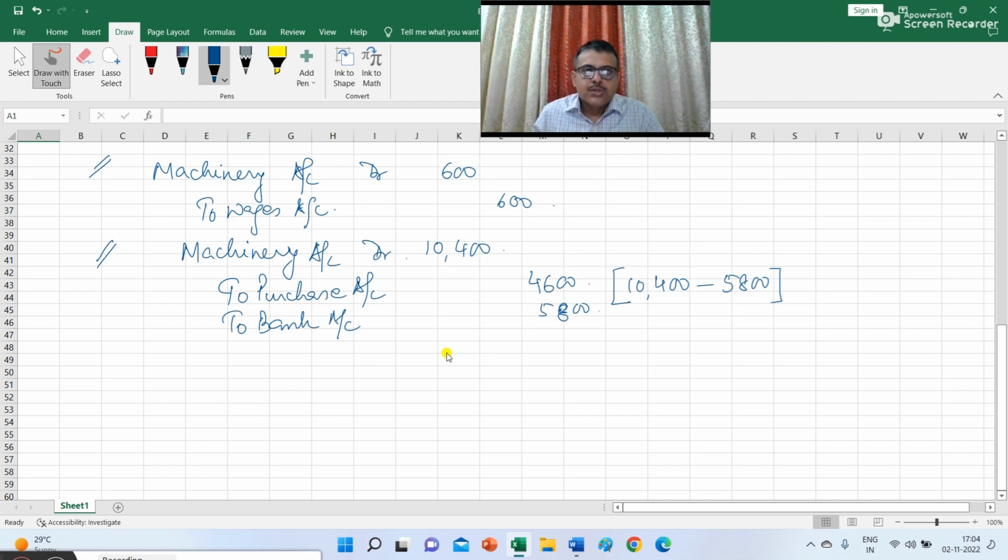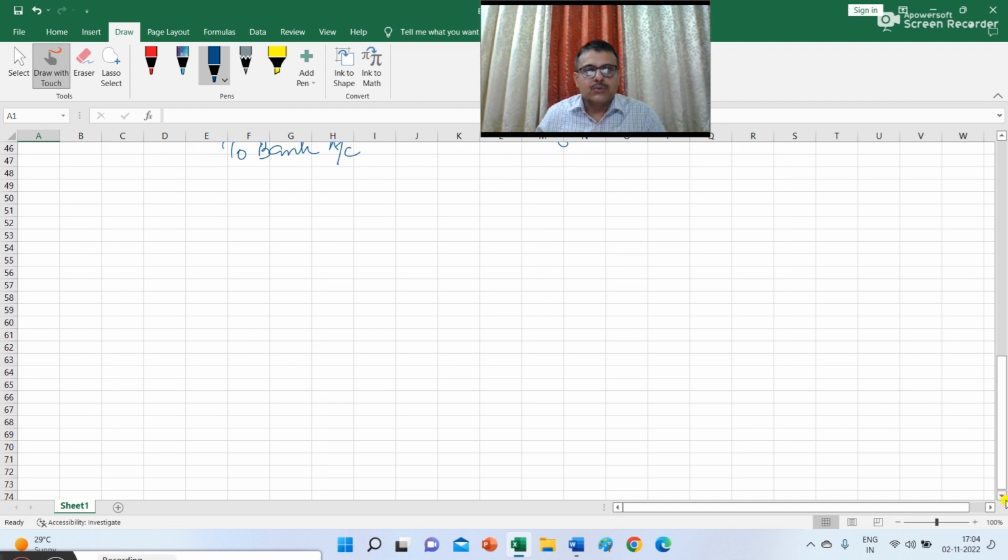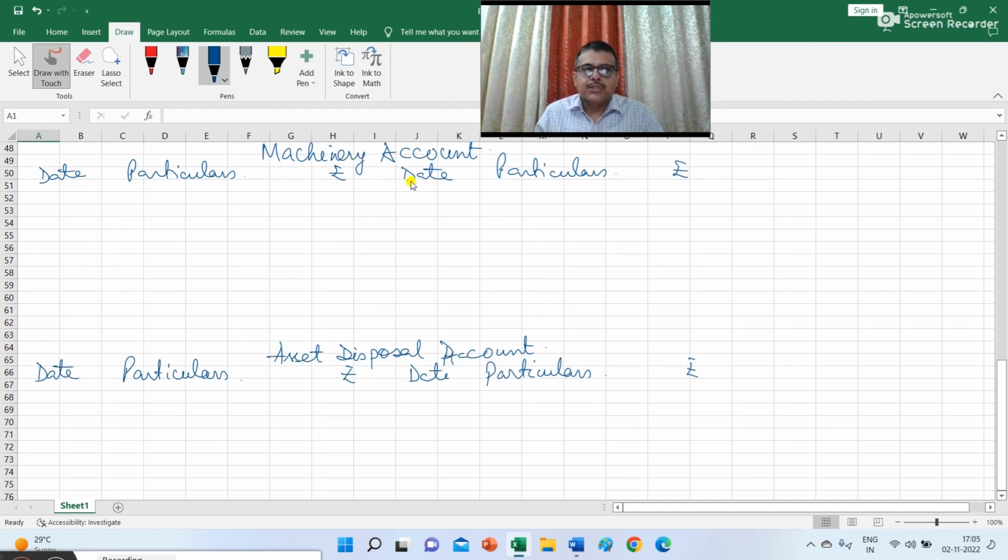Now it's time to prepare the machinery account and the asset disposal account. I have prepared the structure of the machinery account and the asset disposal account. On 1st April 2002, the balance of machinery was 85,000. On 30th September 2002, machinery the book value of which was 12,000 was disposed of. So I am writing here by asset disposal account 12,000.